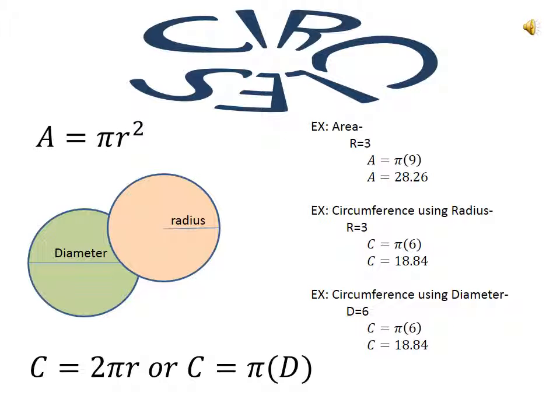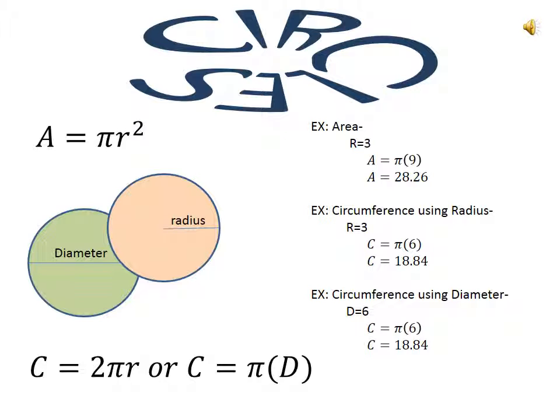There are two ways to find the circumference of a circle. You can either use 2 times pi times r, or you can simply use pi times the diameter of the circle. If we were to use the radius to find the circumference, we would multiply the radius by 2. So again, our radius equals 3.